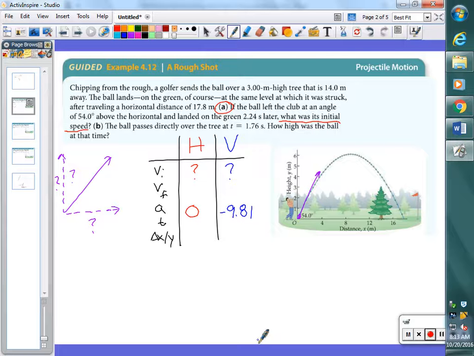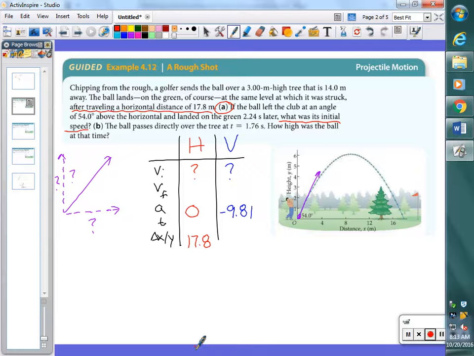Okay, let's start filling in some other things. All right, John. Good. So it says here that it lands at the same level at which it was struck after traveling a horizontal distance of 17.8. So that's going to be my delta x. Okay?